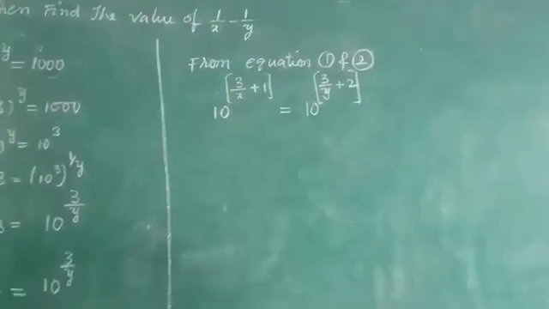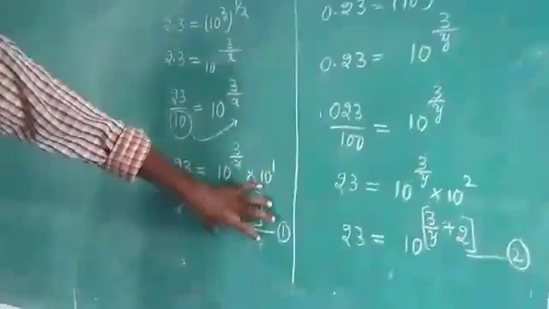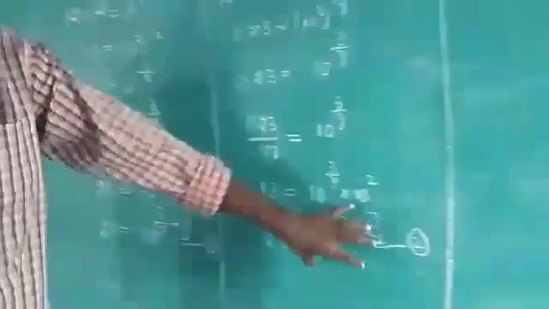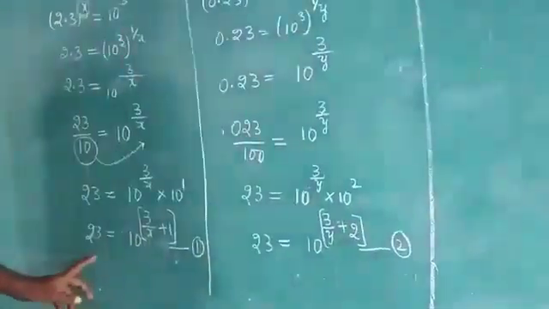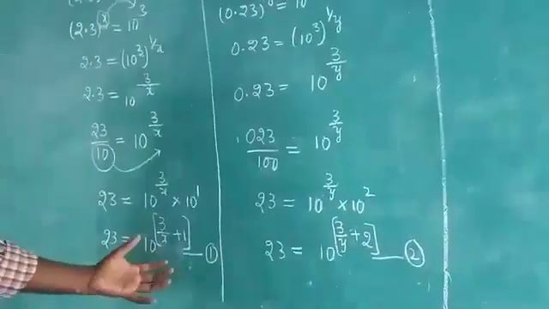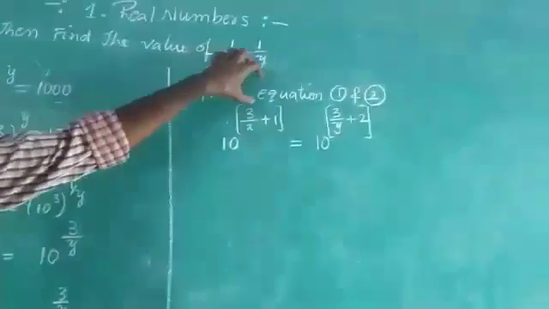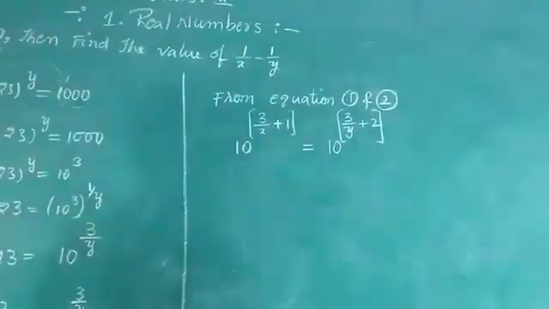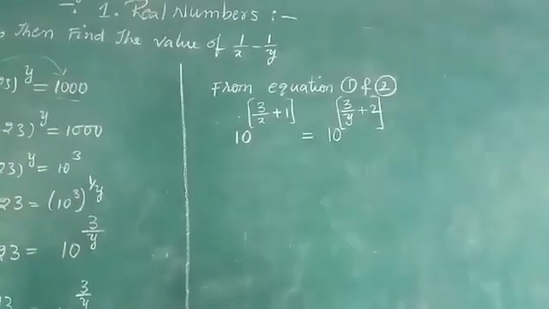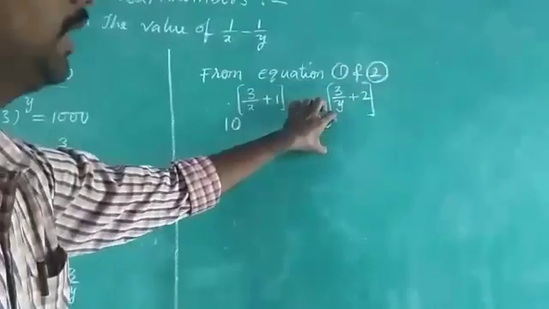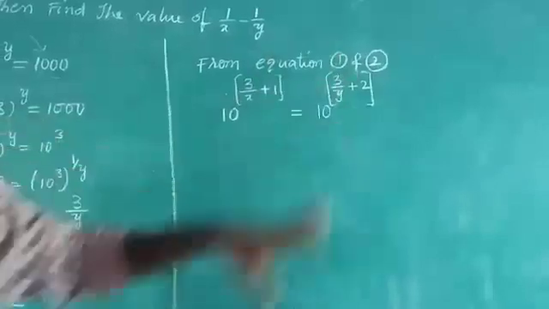Why? Because observe it, this total value is 23 and this total value also 23, right? 23 is equal to 23. Because of that I am writing from equation 1 and 2, both are equal. If the bases are equal, then the powers also will be equal, we know that one.